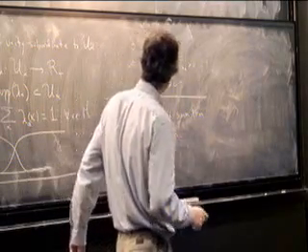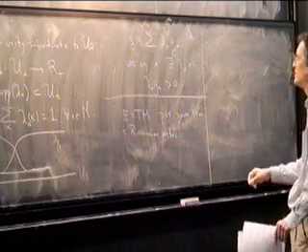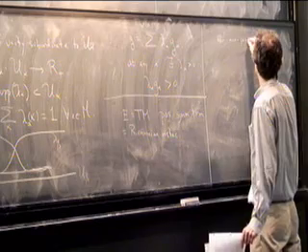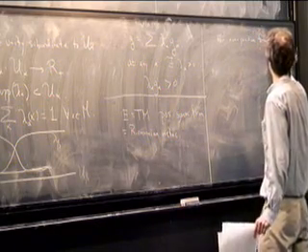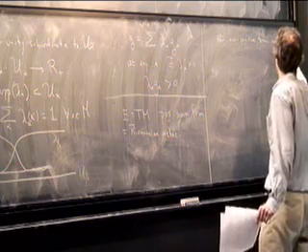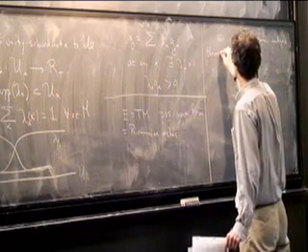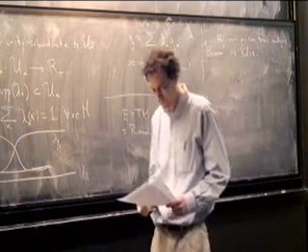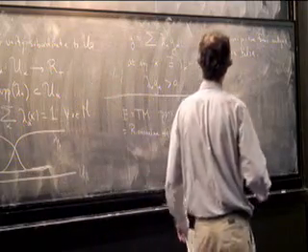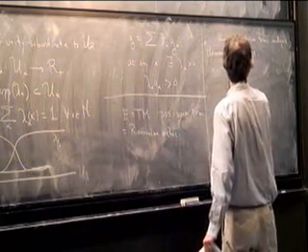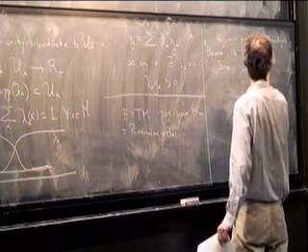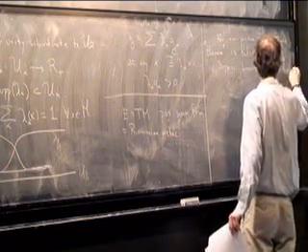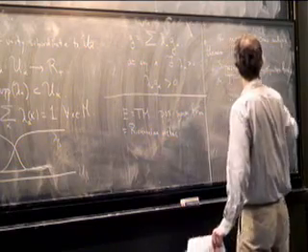Now let me comment that the analog of this theorem for non-positive forms is definitely false. For non-positive forms, the analogous theorem, in quotes, is false. And here's a significant example. Suppose we look at Lorentzian signature forms on the tangent space of some manifold.